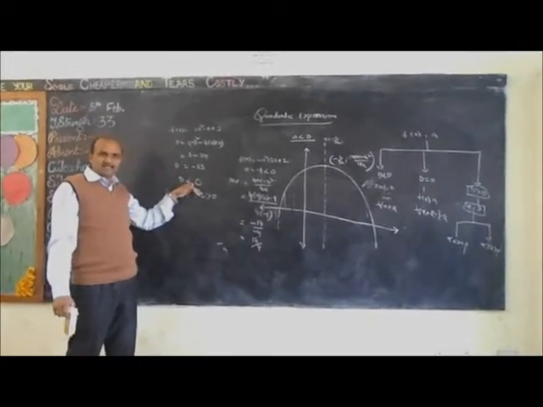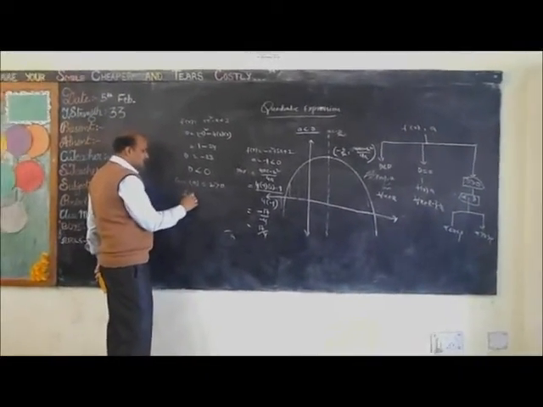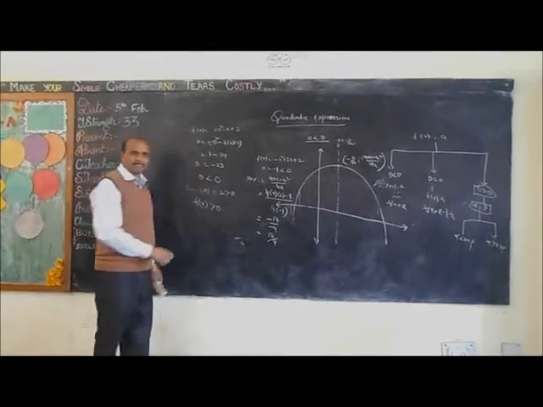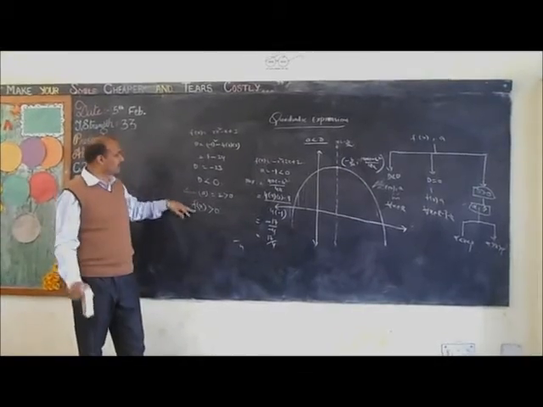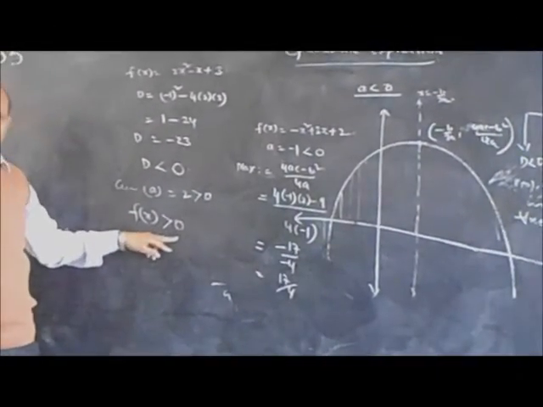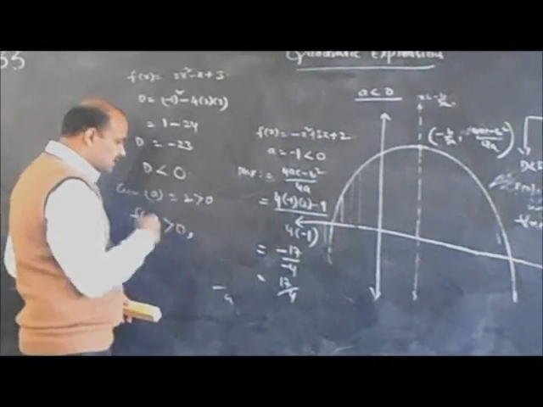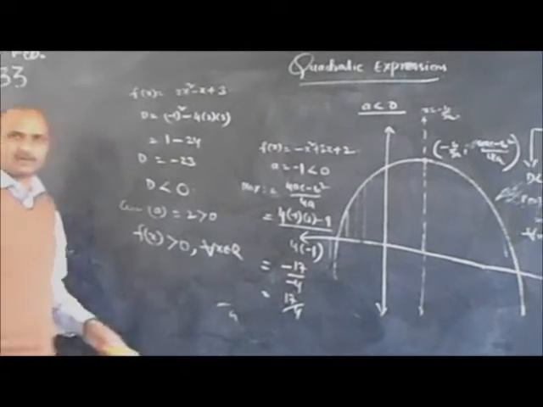Discriminant is less than 0. What is the sign of f of x? Now f of x is also greater than 0. Means a and f of x have the same sign when D is less than 0. So f of x is greater than 0 for all x belongs to R.